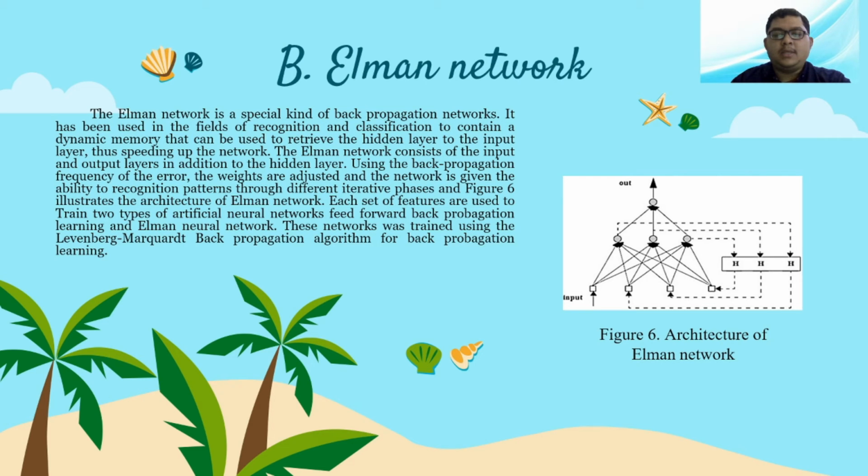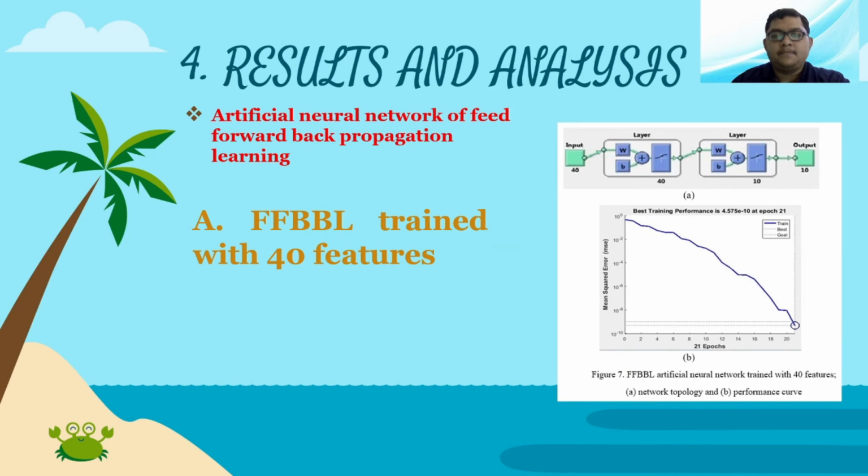Each set of features is used to train two types of artificial networks, feed-forward backpropagation learning and the Elman network. These networks were trained using the Levenberg-Marquardt backpropagation algorithm.